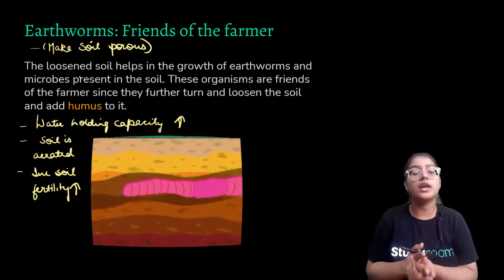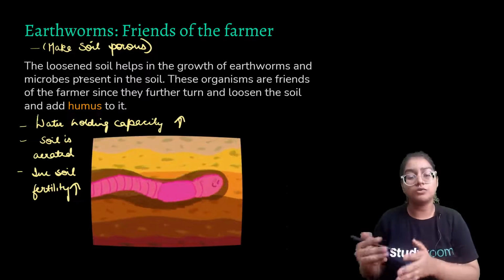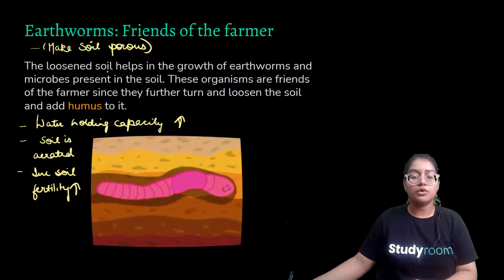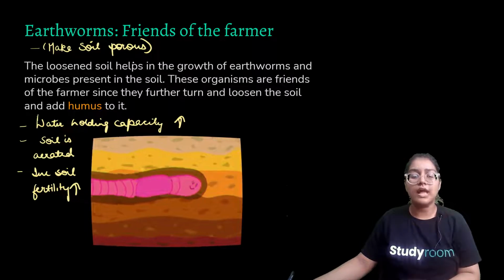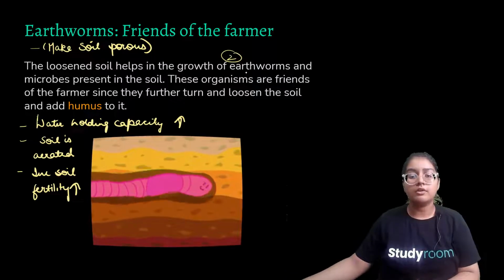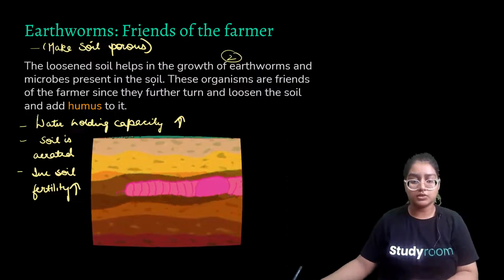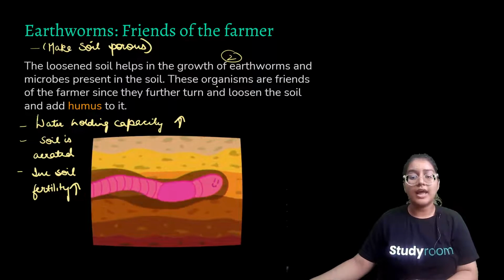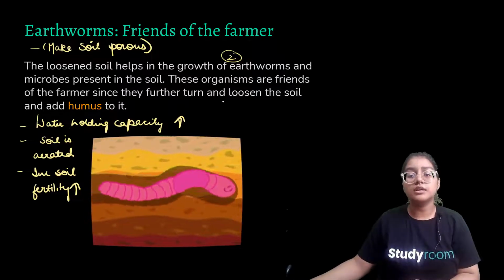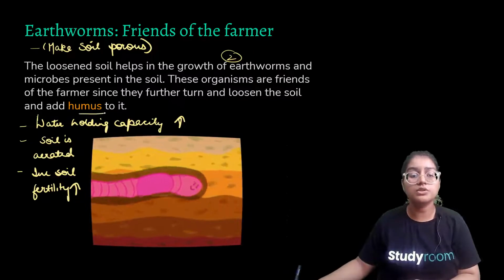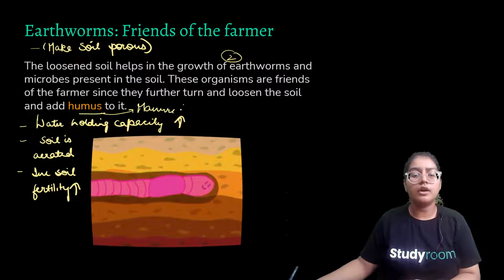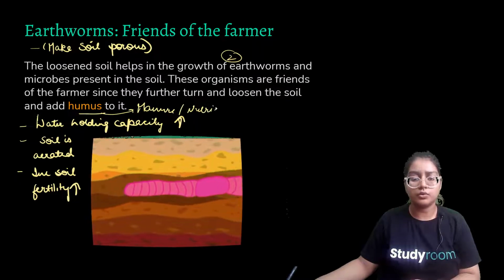The loosened soil helps in the growth of earthworms and microbes present in the soil. So loosened soil, first of all, helps our plants to breathe. Second, it ensures the growth of earthworms and microbes. These organisms, for example earthworms, are friends to the farmers since they further turn and loosen the soil and add humus to it. Humus is a kind of manure or nutrient which we add to the soil.